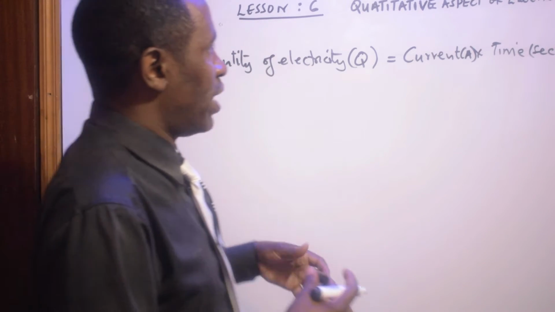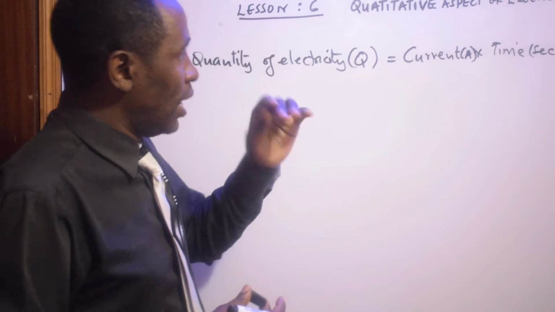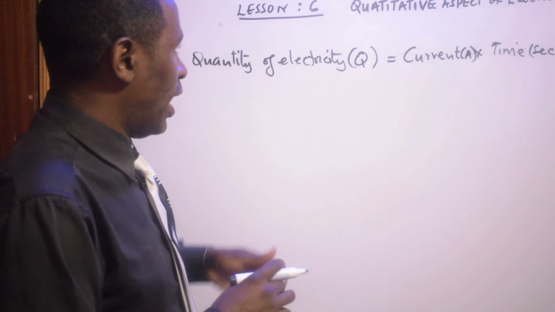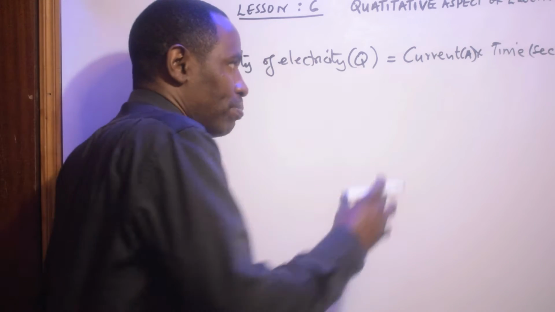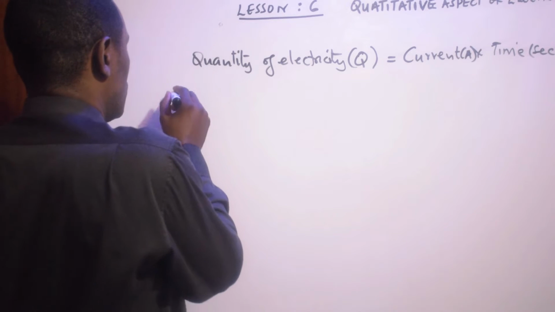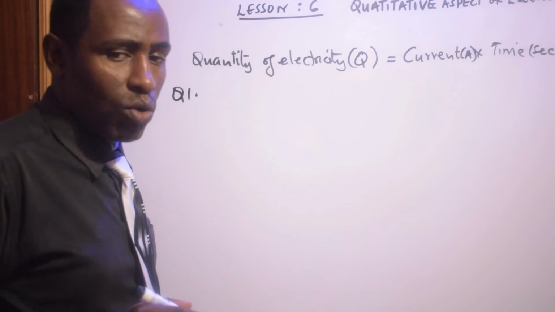Before we try to work out the product formed at the electrodes, we can look at an example of finding the quantity of electricity passed. So let's have a question here.